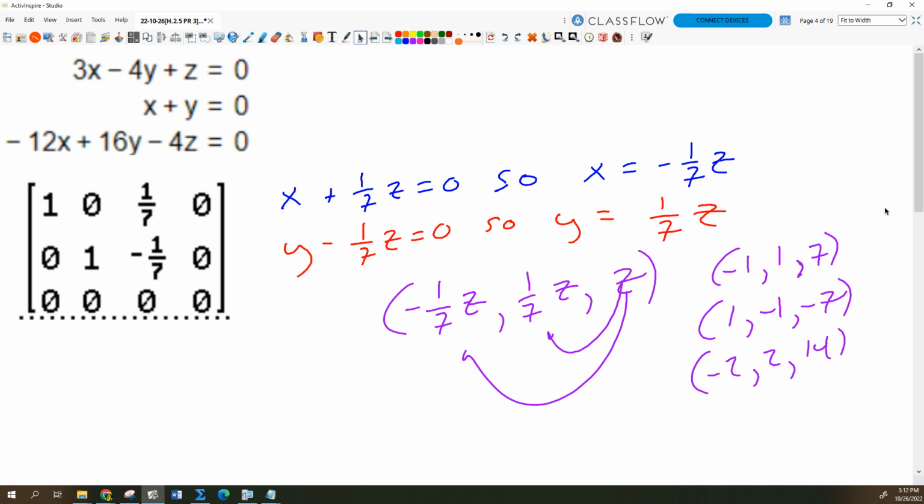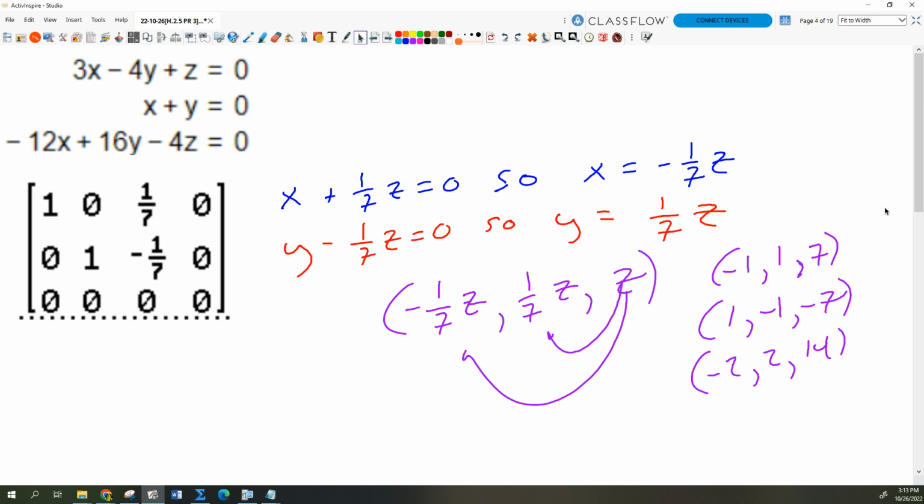How come? Because z could be anything, right? There are an infinite number of solutions here, and they're all based on z. So I want to write my ordered triple, not an ordered pair, sorry. The z coordinate is simply the variable z, which could be anything. If z equals 7, then the x coordinate would be negative 1/7 times 7, which is negative 1.